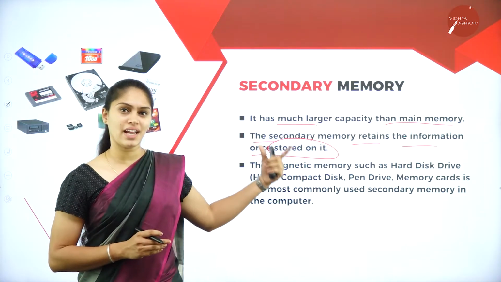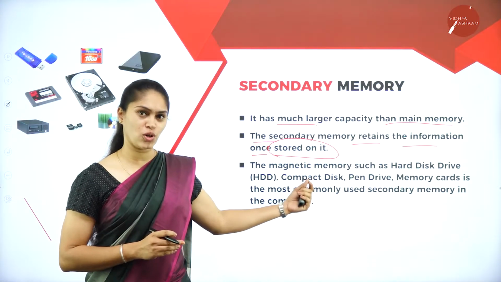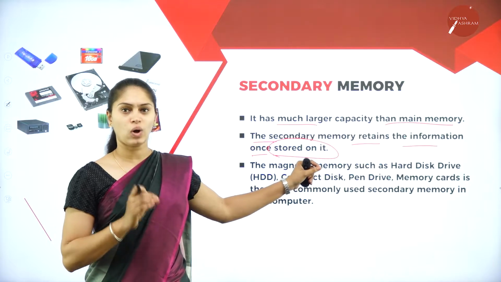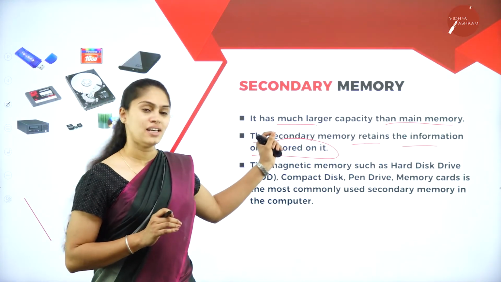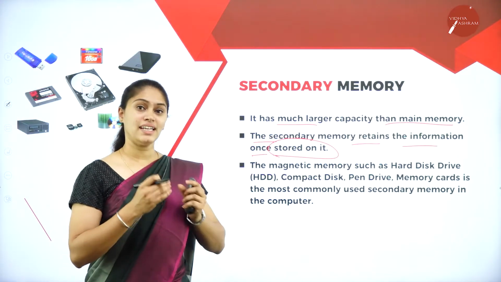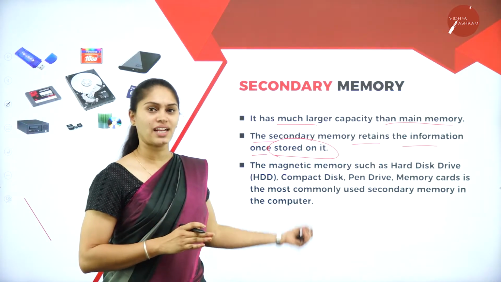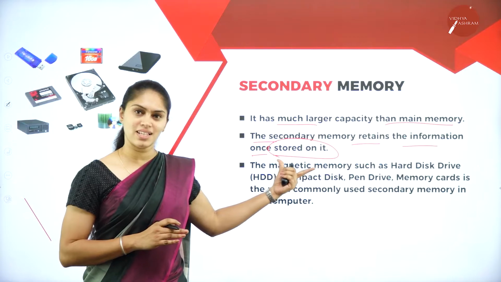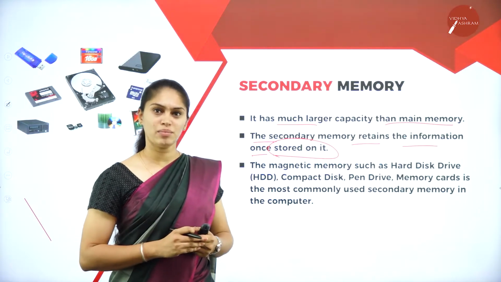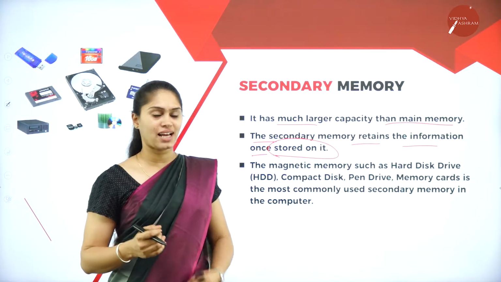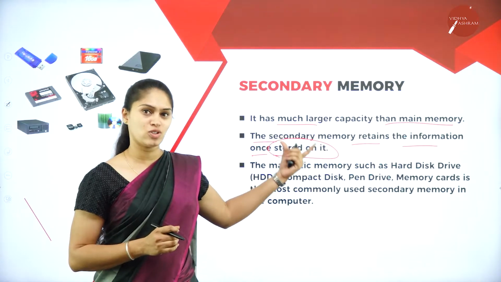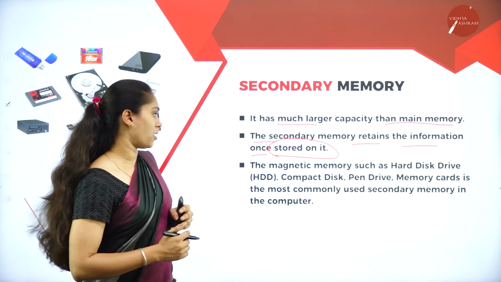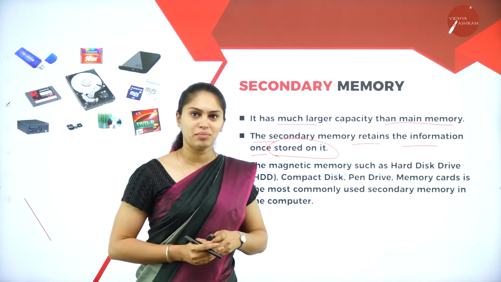Okay, so whatever data and instruction I store by making use of this secondary memory will remain constant, or will remain the same until I delete it. So that is the main advantage of this secondary memory. So we can call this a non-volatile memory. It has more capacity than the primary memory. It is going to store a bulk amount of data or a mass amount of data. So then which are the secondary memories we have?